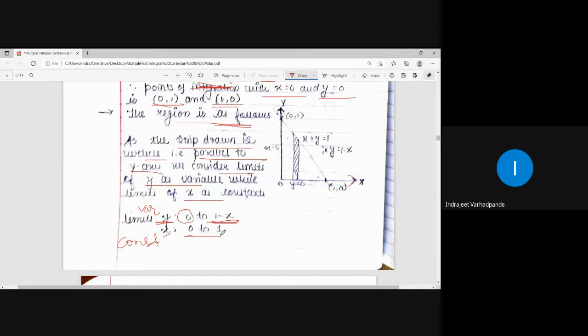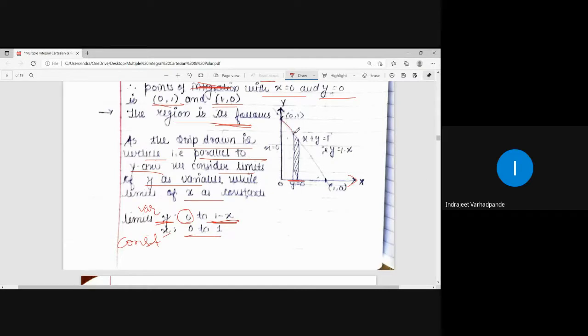I repeat again. After finding the point of intersection, I have considered the region. Preferably, we will always deal with the vertical strip, drawing the vertical strip parallel to the y-axis in the region. Look at the lower end of the strip. It lies on the x-axis, y is equal to 0.